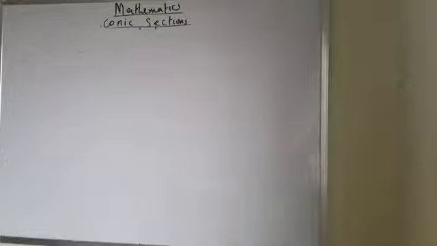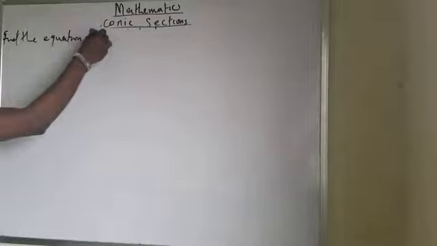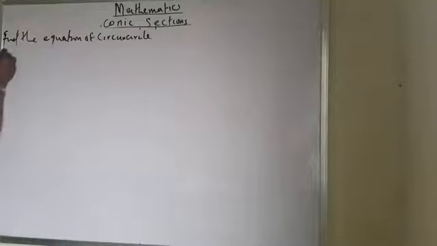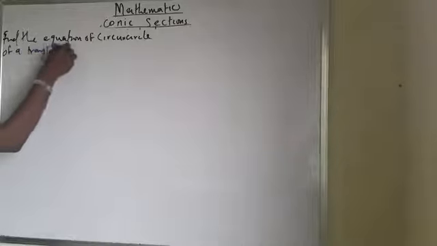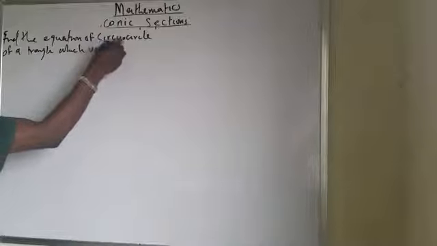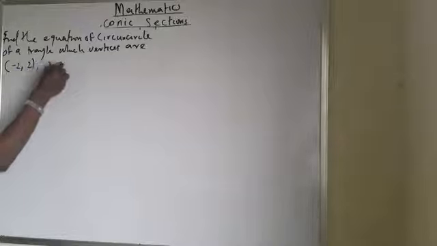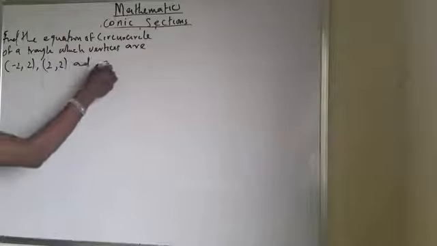Now, find the equation of a circle through the triangle whose vertices are minus 2, 2, 2, 2, and minus 2, 4.